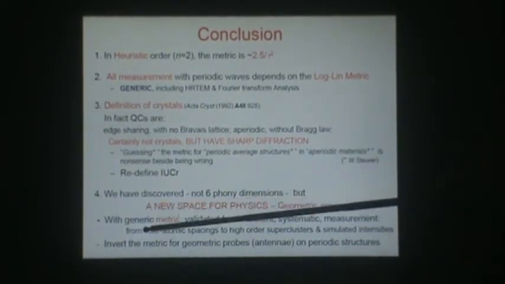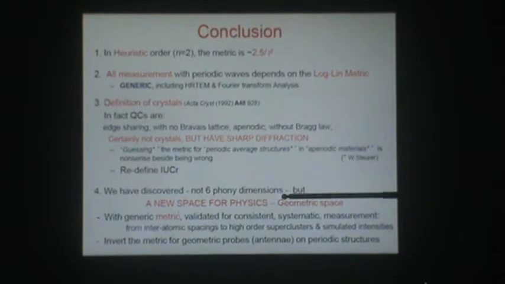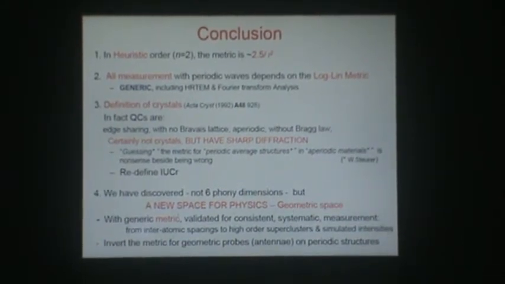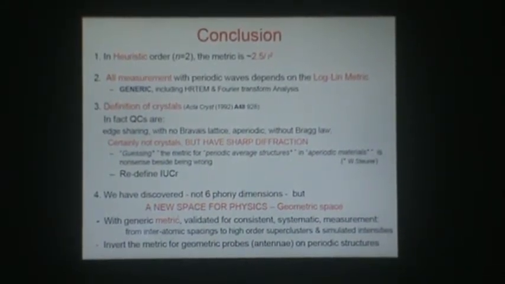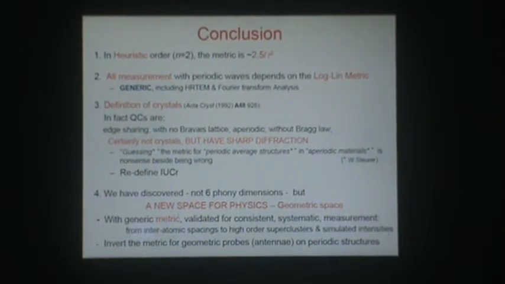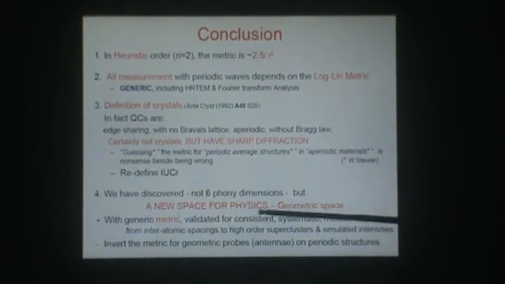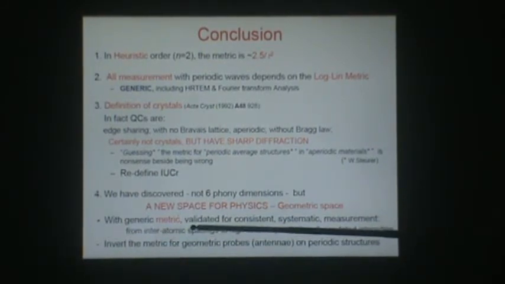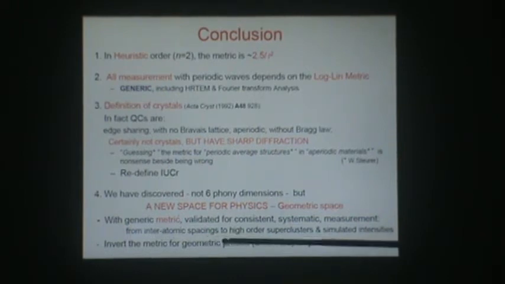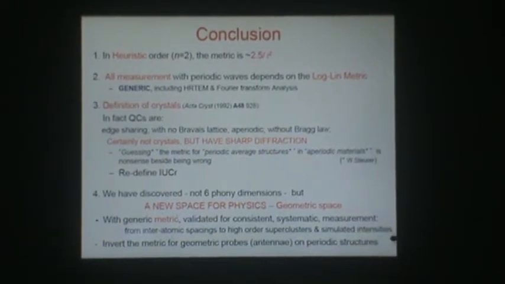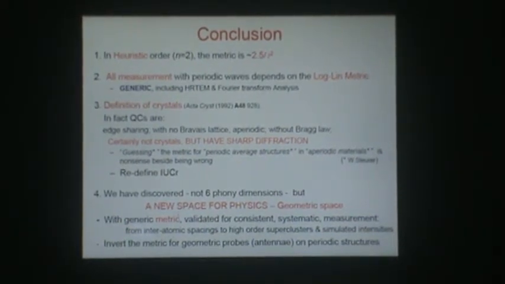Fourthly, what we have discovered is not 6 phony dimensions with false, mythical guesses. What we've discovered is a new space for physics, geometric space, with a generic metric which is consistent, systematic measurement of interatomic spaces and high-order superclusters and simulated intensities.